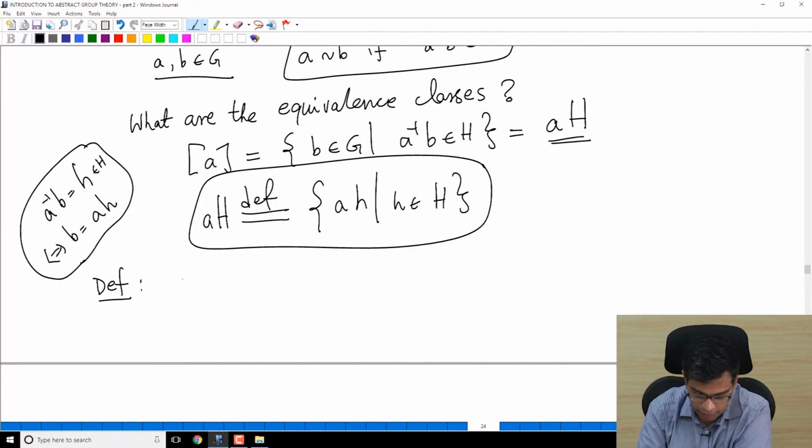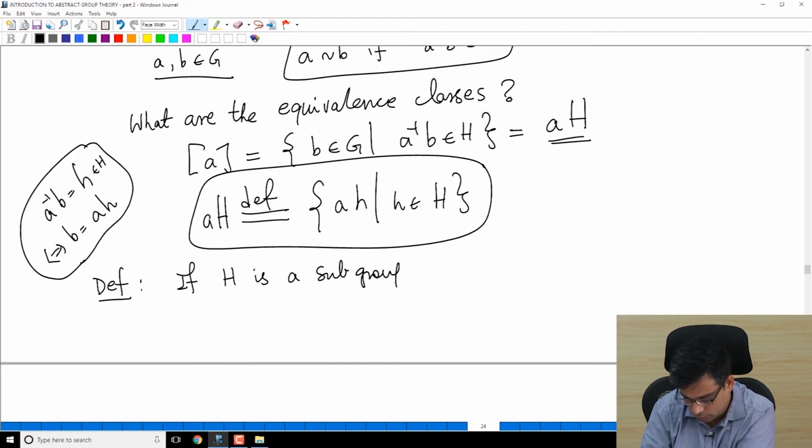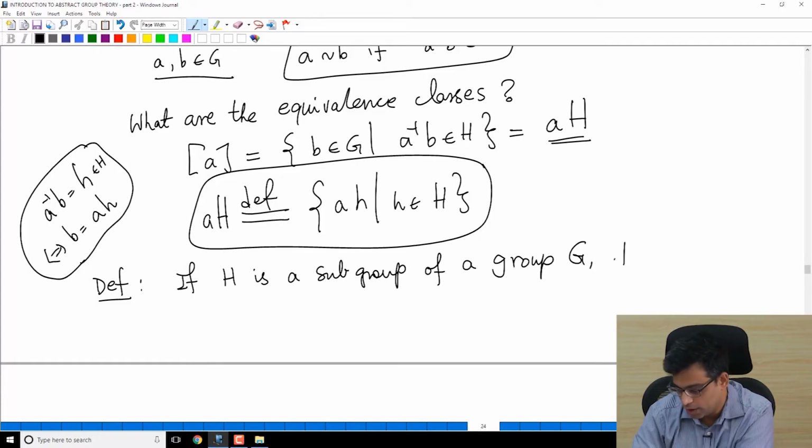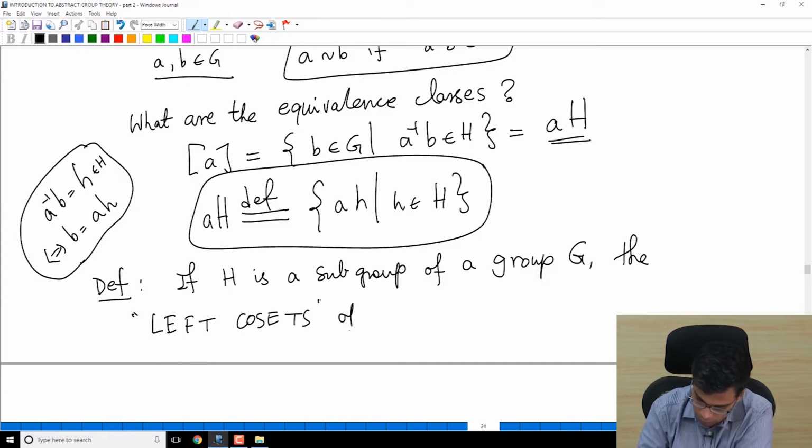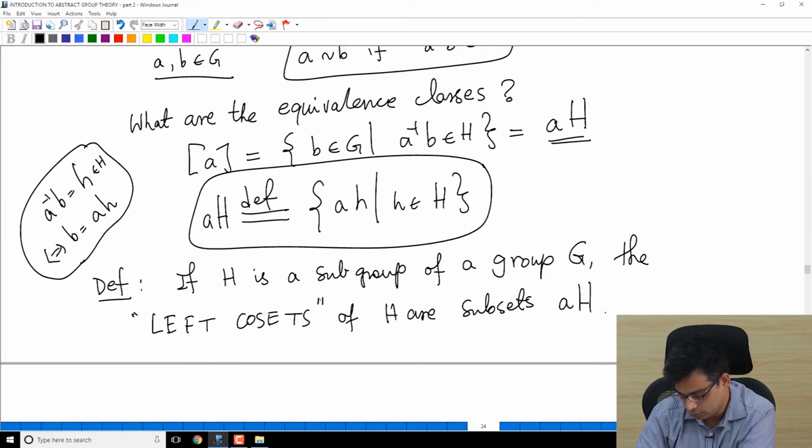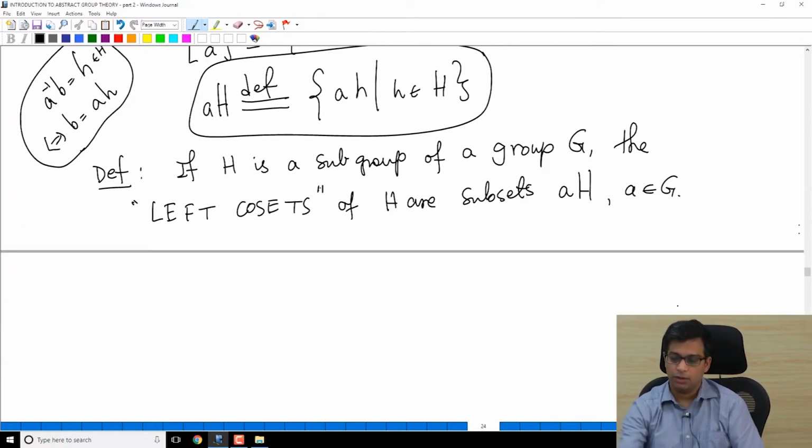And the most important definition now I want to give you is the following. If H is a subgroup of a group G, the left cosets of H are subsets of the form AH, where you take an arbitrary element A of the group and multiply by H. So left cosets are these.